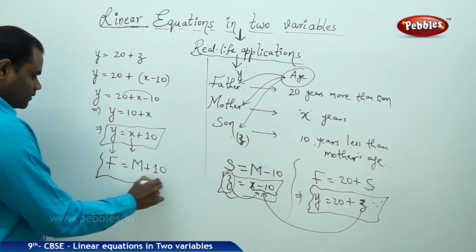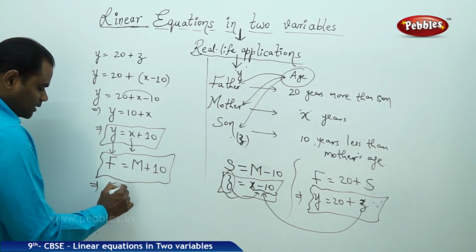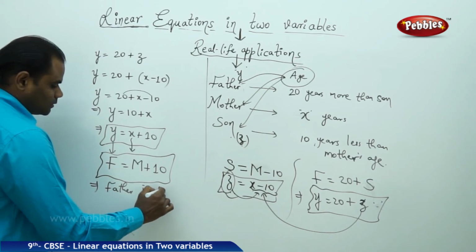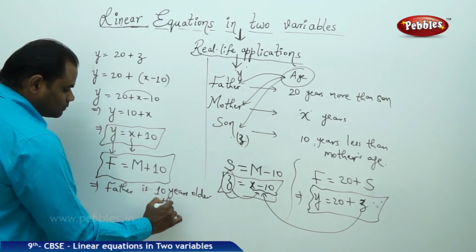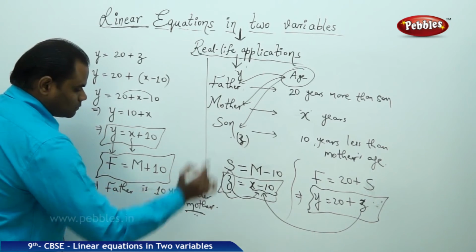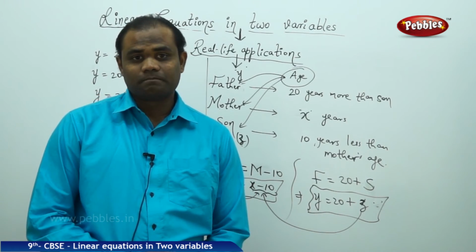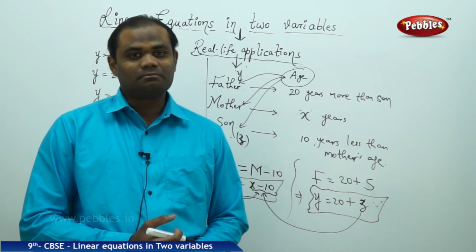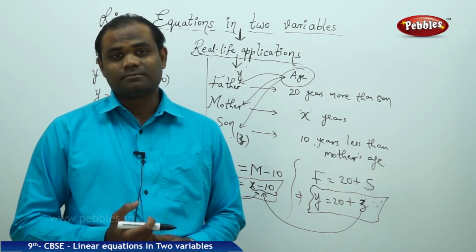So with the equation in x and y, I make a relation that father is 10 years older than mother. A 10 year difference between mother and father, connected with a real life situation.